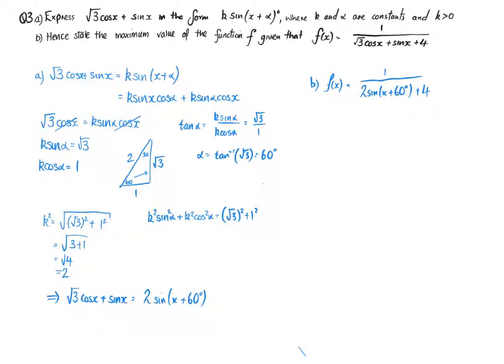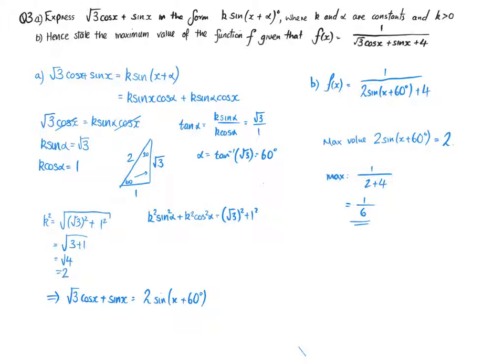Right, so the maximum value of that thing we just found, 2 sine x plus 60 degrees, is going to be 2, because that's our amplitude, so it's the maximum value we're going to get. So our max is going to be 1 over 2 plus 4, so 1 over 6.